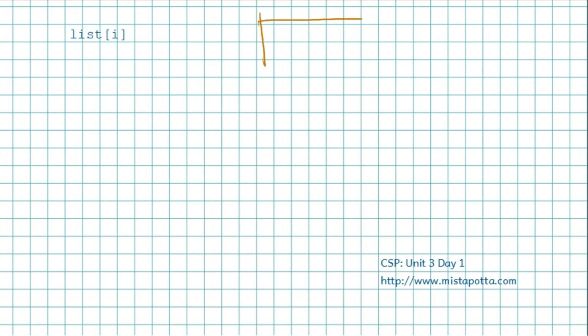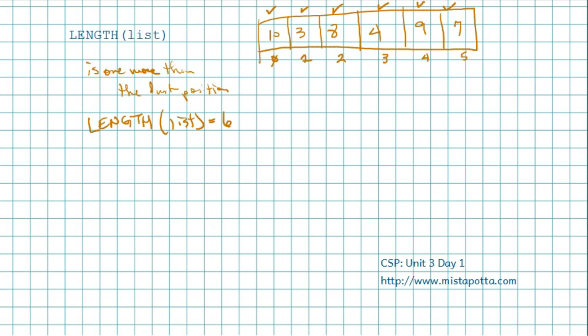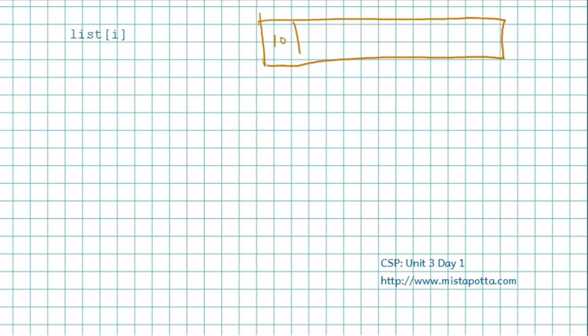So if I go over here to my list, which has a 10, 3, 8, 4, 9, and 7. And if I wanted to display what was in list sub 1, it's going to go over to list sub 1, box 1, and it's going to print a 3 on the screen.